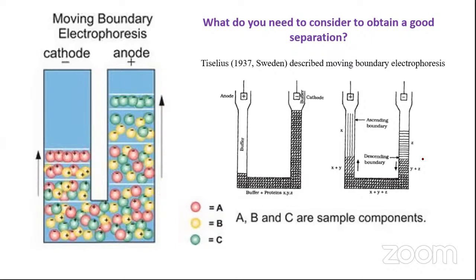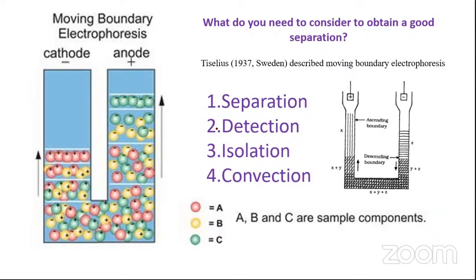Can you think about any way in which you can get rid of this problem of extra friction that is created during moving boundary electrophoresis, so that it is no longer considered a problem in zone electrophoresis? Is the question clear?